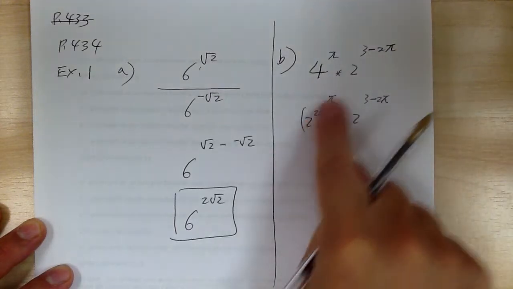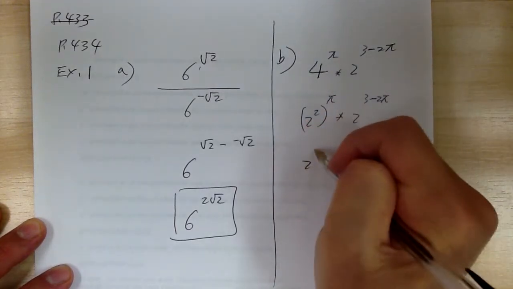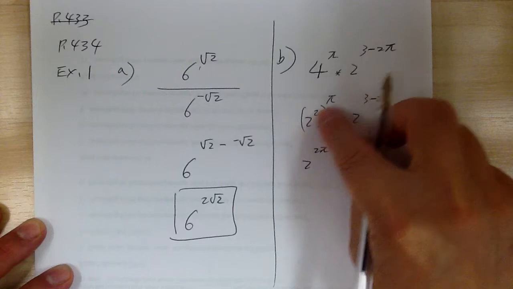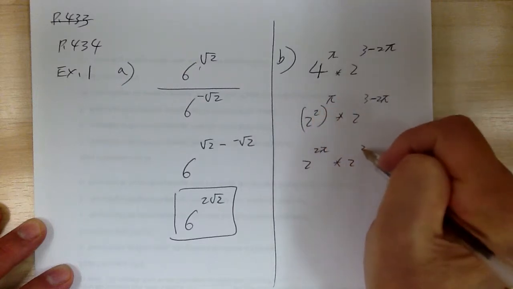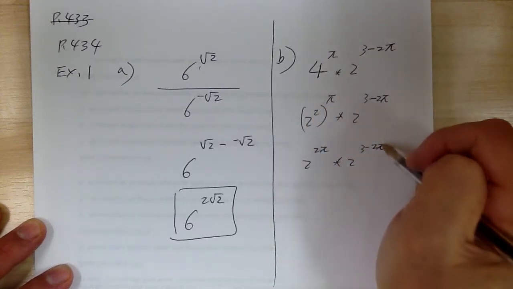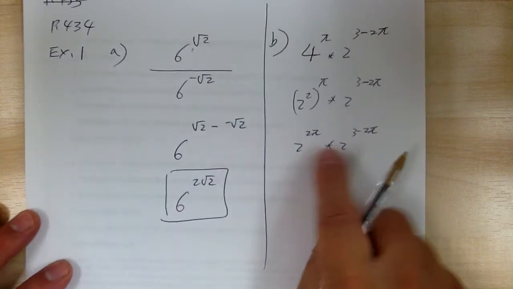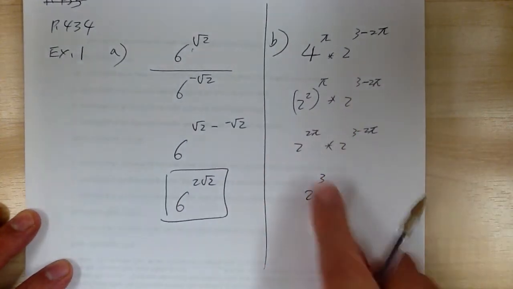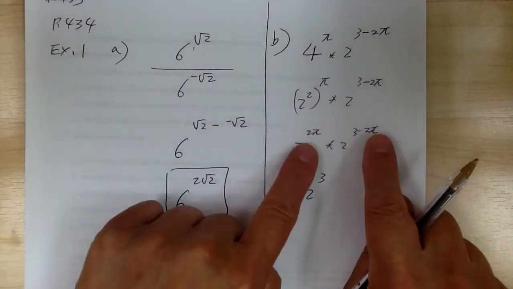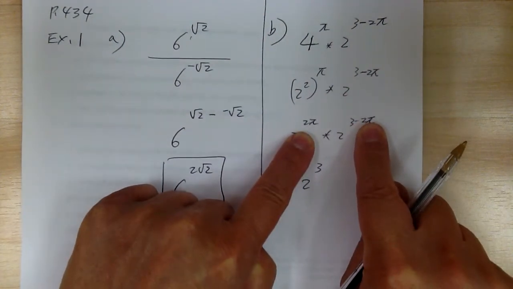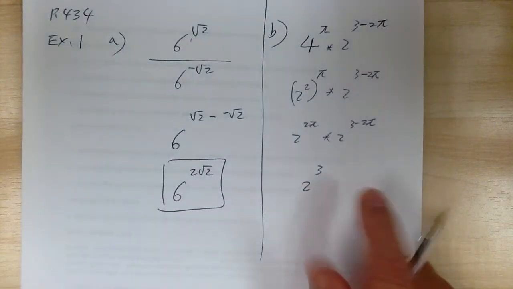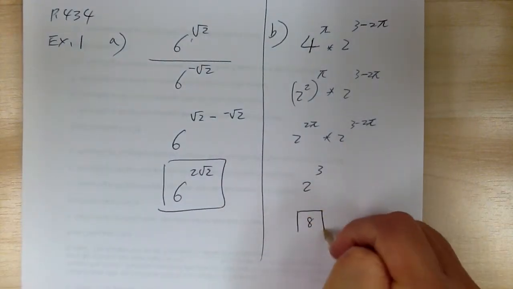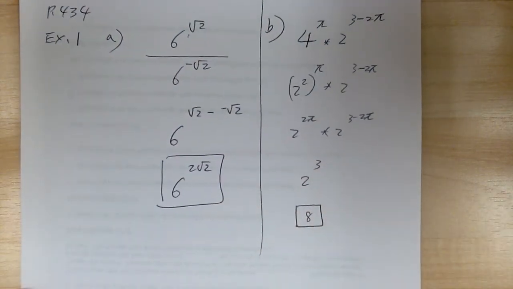Then you apply the power rule, so it becomes 2 to the 2 pi. Then you apply the product rule. You multiply this together, you add the exponents together, so it becomes 2 to the 3 power, because the 2 pi and minus 2 pi cancel out. So you end up with 2 to the 3, and the answer will equal 8. And that's it. So it's not too bad.